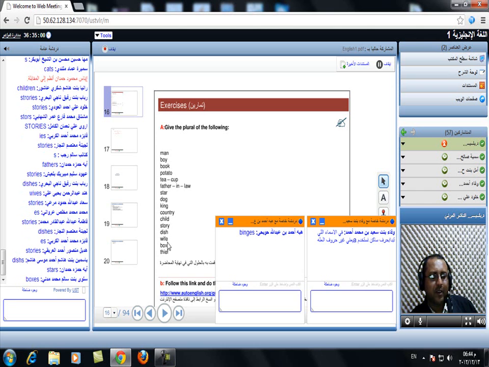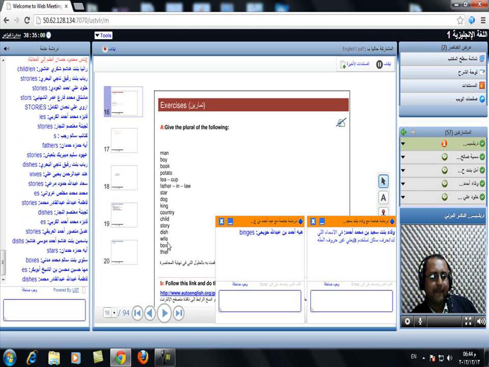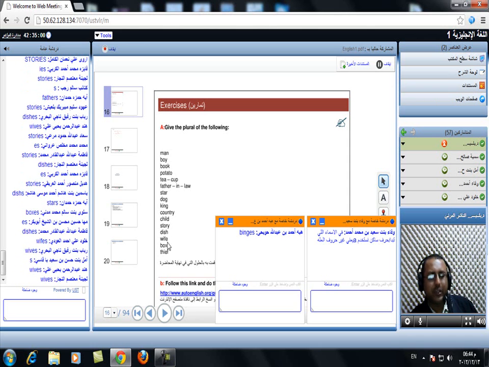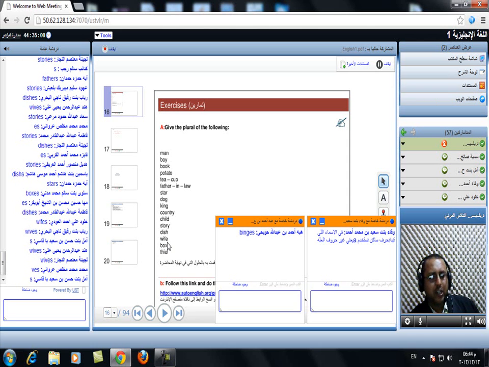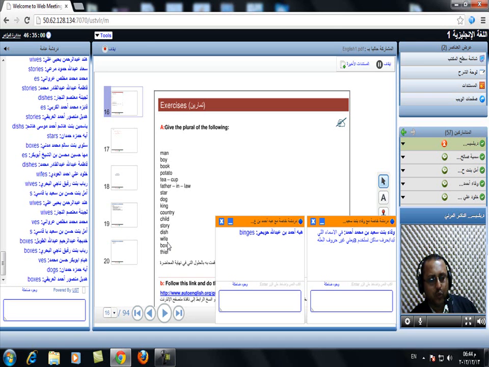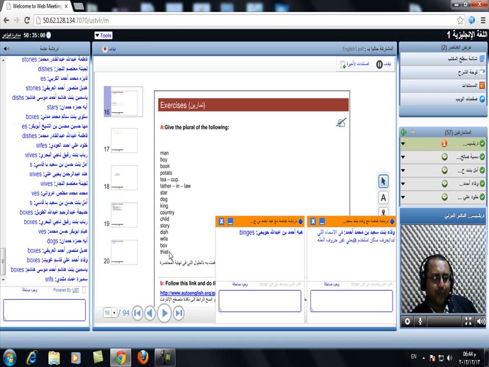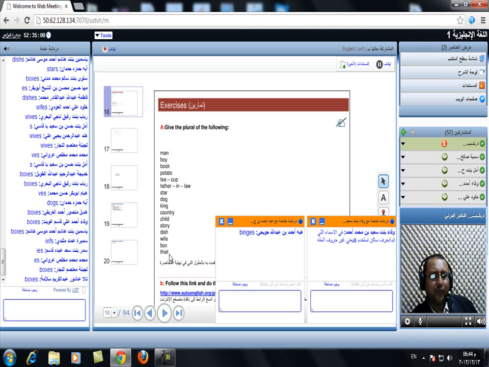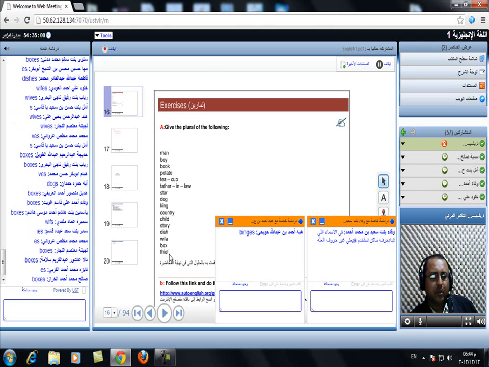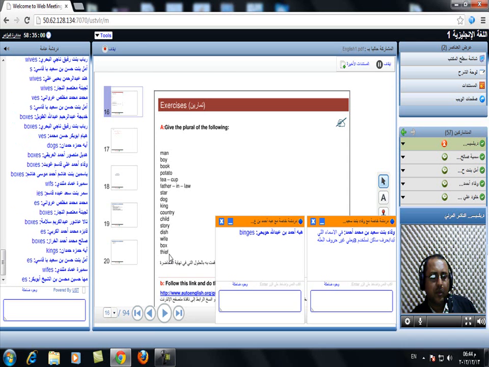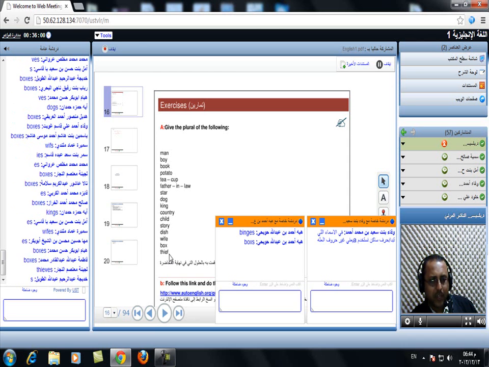Wife, wives, good. So we have to change the F into V, and then add ES. Box, boxes. And thief, what about thief?